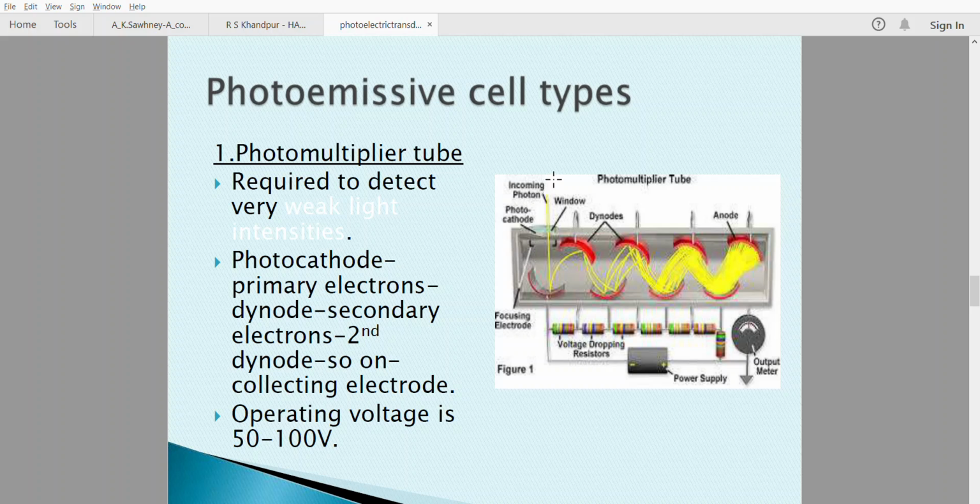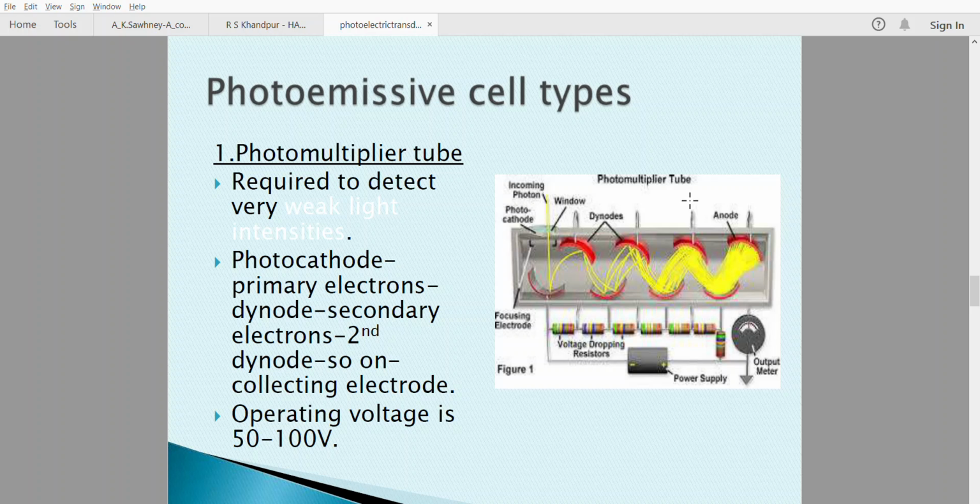When the light radiation falls, electrons are produced, and these electrons are focused on the primary and secondary diodes, resulting in multiplication. The incoming photons of radiation get amplified by these diodes, resulting in production of electrons. Okay, so these electrons are amplified in a big way.